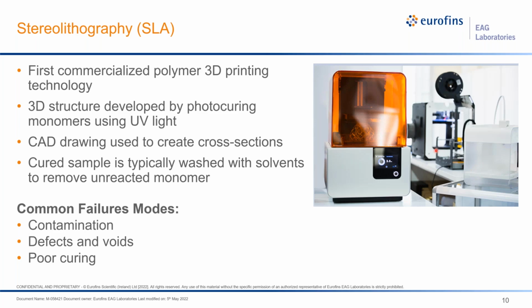In this case, because you're using a monomer, you'll often need to wash the part with solvents, remove unreacted materials, and so on. And often you will have some support structures here as well. Common failure modes with this type of printing is contamination. Contamination can cause poor curing and not give you the shape that you want. You can also have defects and voids.